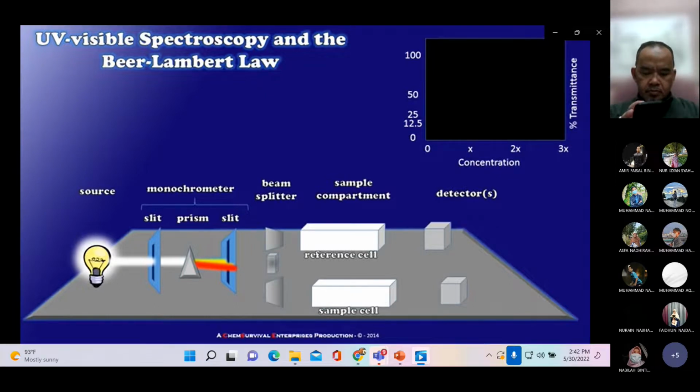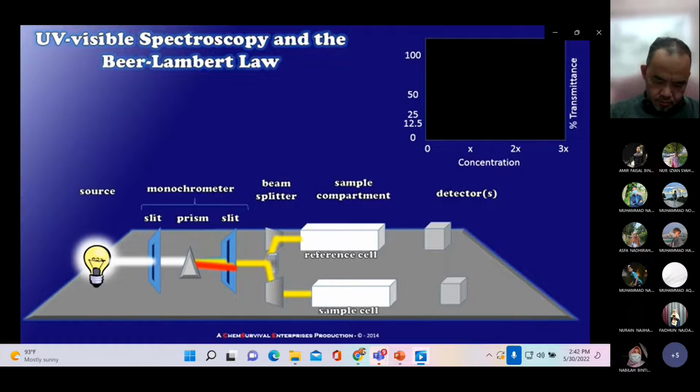So each wavelength of light is moving to a different place in space. So only one wavelength of light in this situation is going to make it through the second slit in my monochromator, striking the beam splitter and becoming two beams of equal intensity.